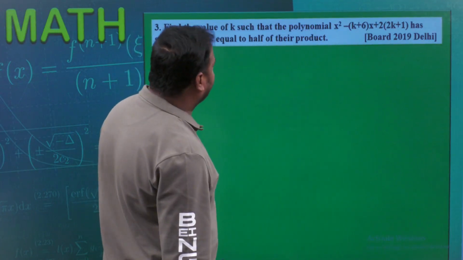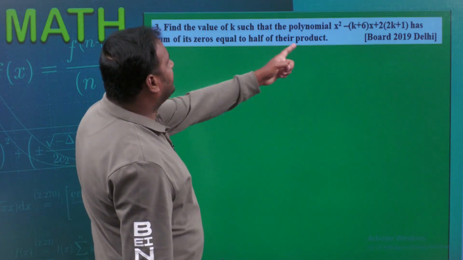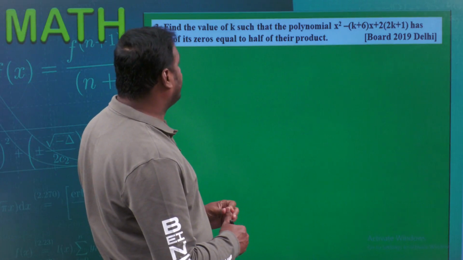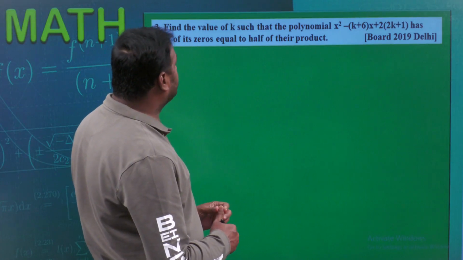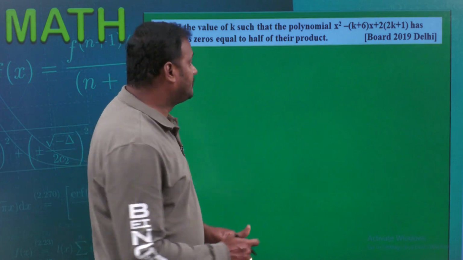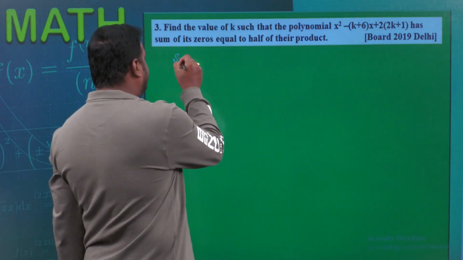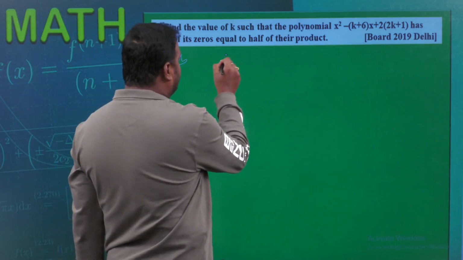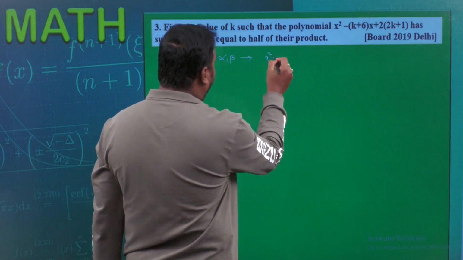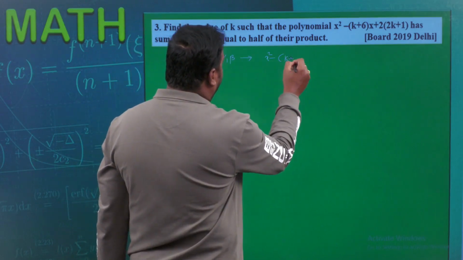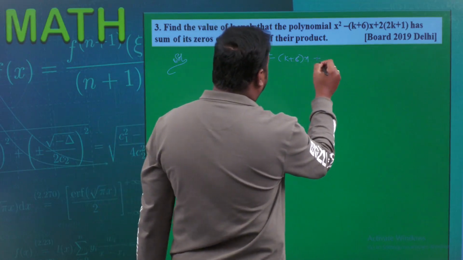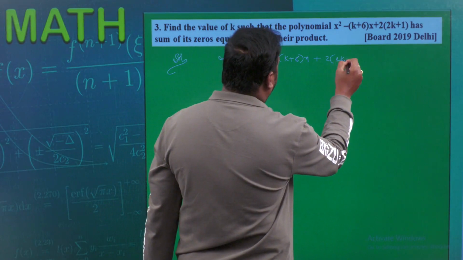Find the value of k again such that the polynomial x square minus (k plus 6) into x plus 2 into (2k plus 1) has sum of zeros equal to half their product. First let me take alpha, beta as zeros of x square minus (k plus 6) times x plus 2 into (2k plus 1).